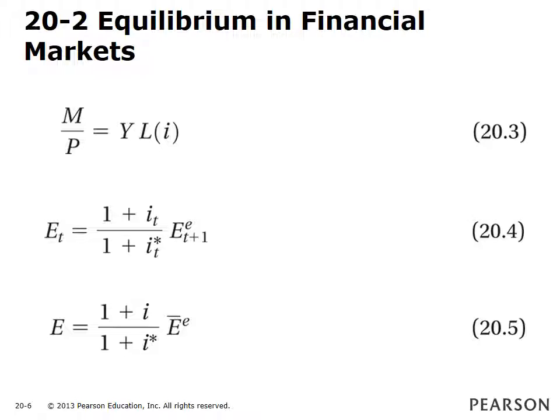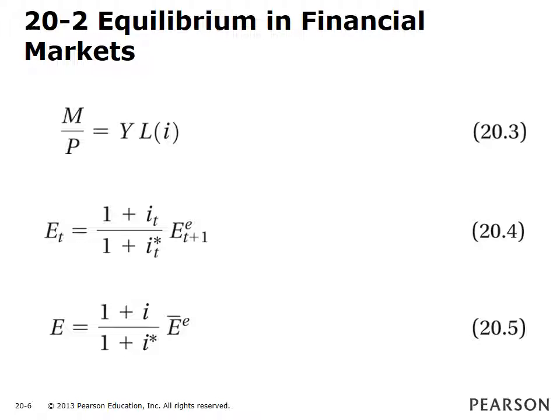Equation 20.5 also tells us if I increases by 2%, this will cause the dollar to appreciate by 2% today. An increase in I of 2%, given that the expected exchange rate a year from now remains unchanged, means that the dollar is expected to depreciate by 2% over the coming year. This expected depreciation of the dollar corresponds to a 2% appreciation of the foreign currency, say the pound.